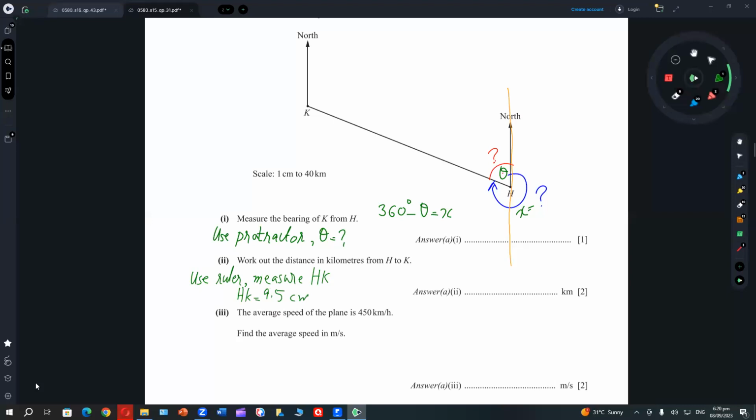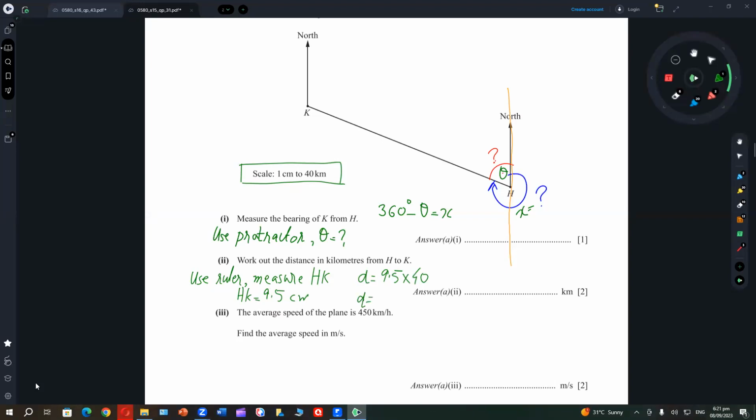So then you would turn it into kilometers. The examiner says that 1 centimeter is to 40 kilometers, so it would be times 40. Times 40 would be 380.